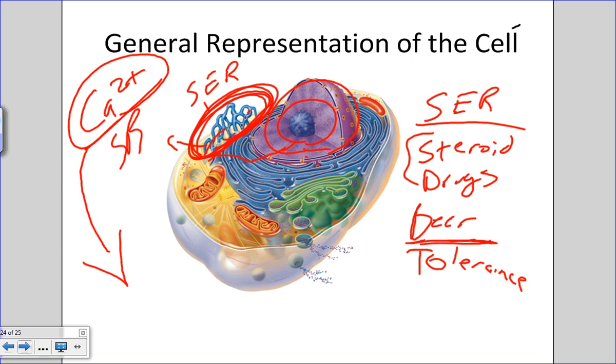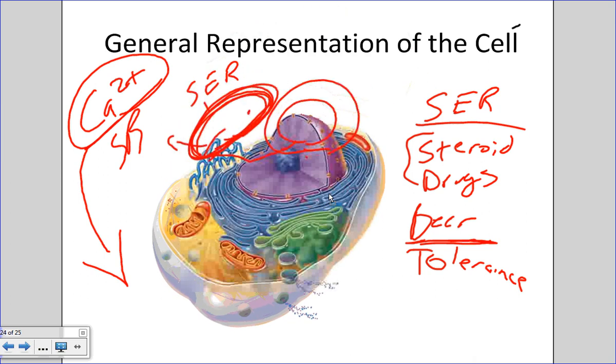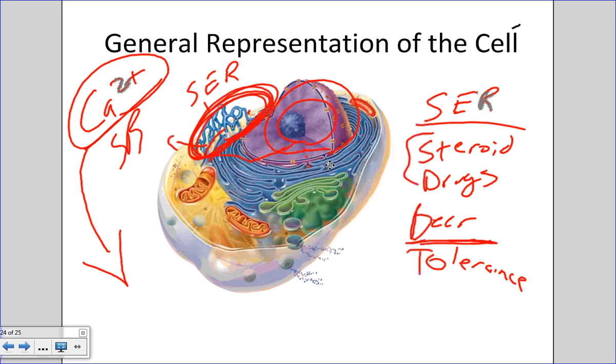But for the most part, it's used for storage or breaking down other particles or molecules that aren't really useful to us, or that we don't need anymore. So hopefully this helps to paint a better picture of the cell itself, the main working parts of the cell, and the overall job of the cell. As I mentioned, the primary purpose of the cell is making proteins.